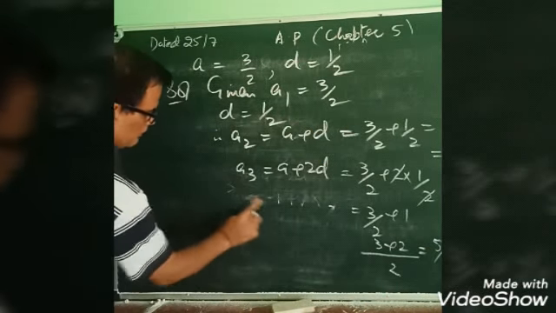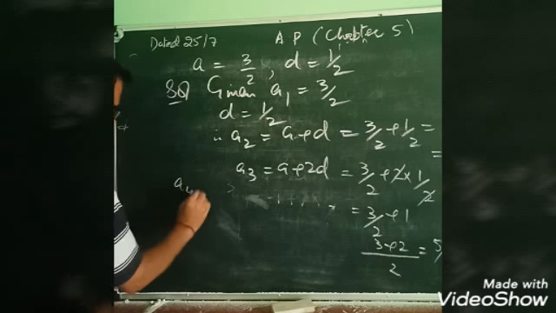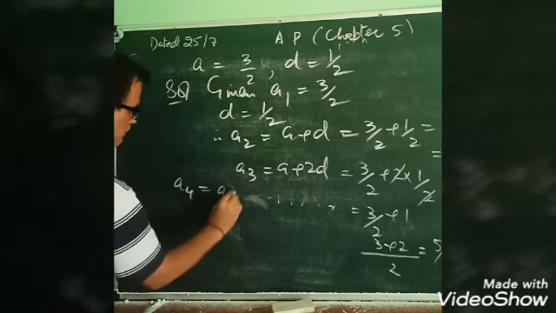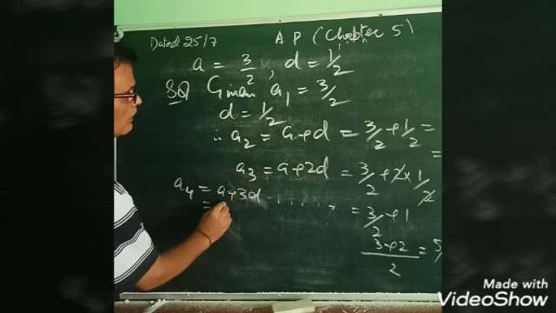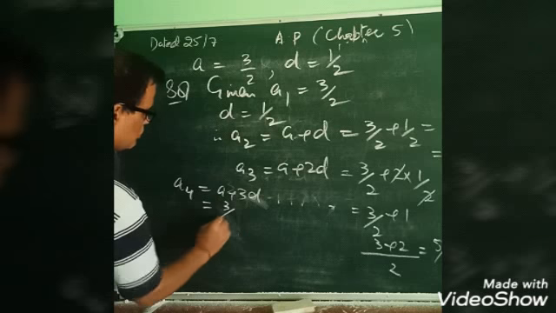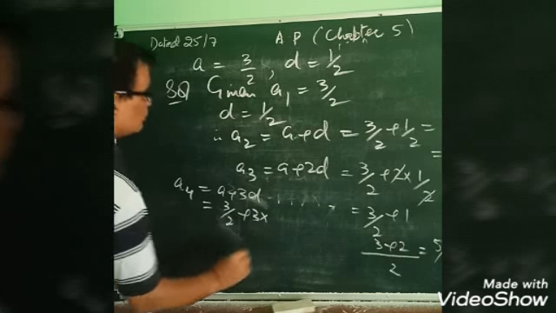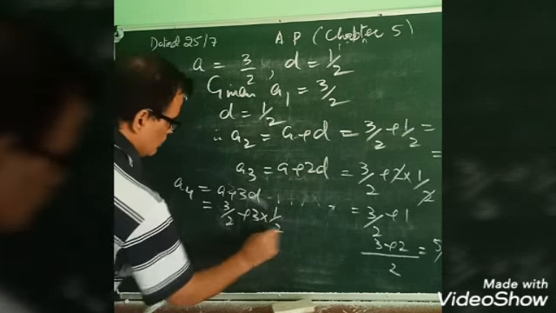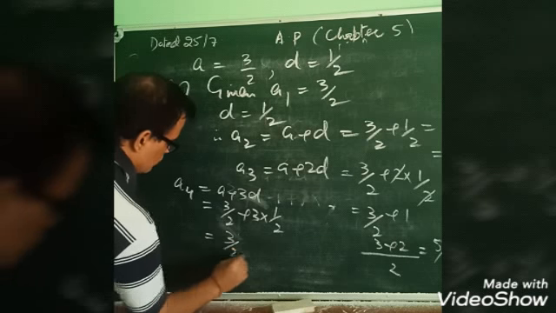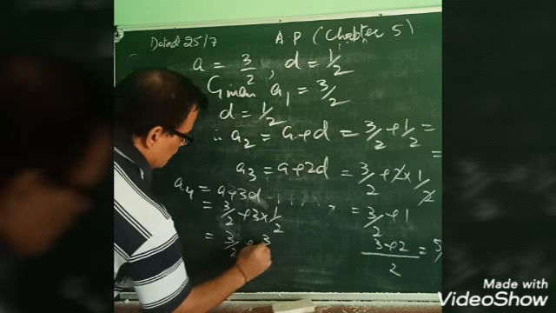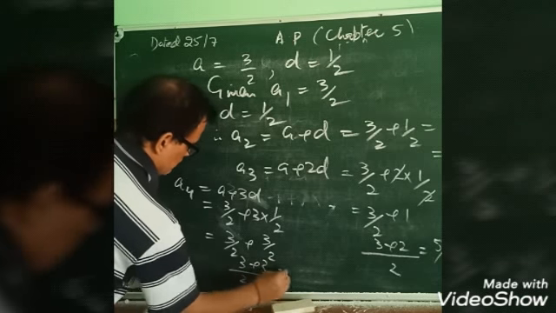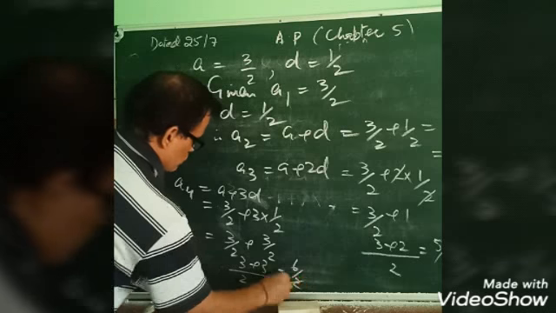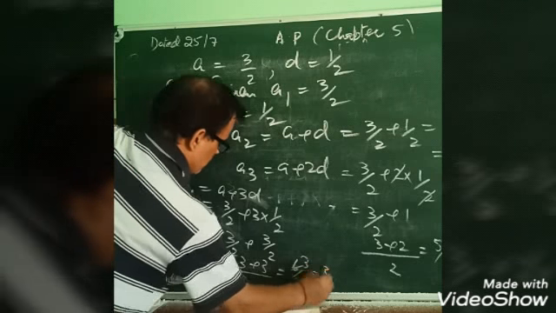Then A4 can be equal to A plus 3D. A is equal to 3 by 2 plus 3 into 1 by 2. This is equal to 3 by 2 plus 3 by 2. This is upon 2, 3 plus 3, that is equal to 6 by 2. 2 ones are 2, 3s, so that is equal to 3.